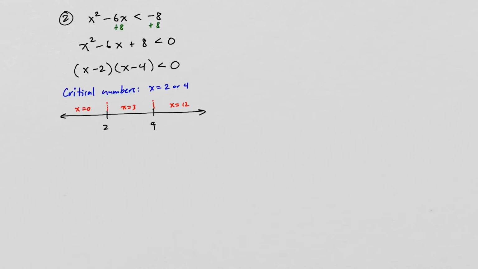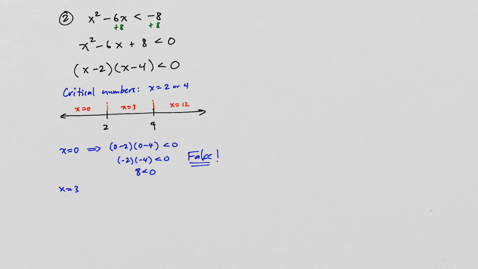Now we have to test each one of our test points. So when x equals 0, you plug that in, you get 0 minus 2 times 0 minus 4 is less than 0. This says negative 2 times negative 4 is less than 0. And this is false, because negative 2 times negative 4 is positive 8, right? And positive 8 is not less than 0.